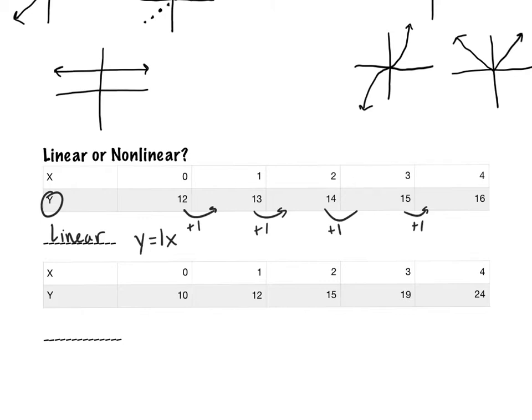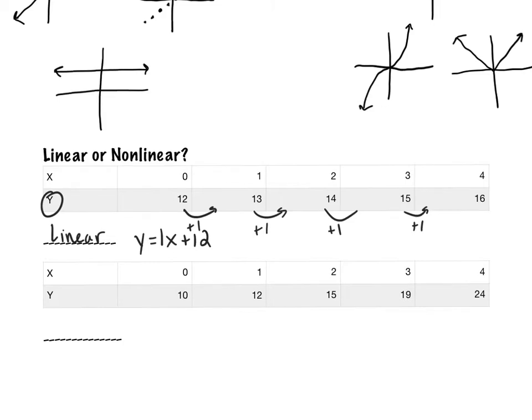That was my slope, my change in y's. So what happens if I plug in 0 for x? What's 1 times 0? 0. How would I get to 12? Add 12. All right, so that's how I could write that equation. It's a review from yesterday if you weren't here. We can talk more about that later on.